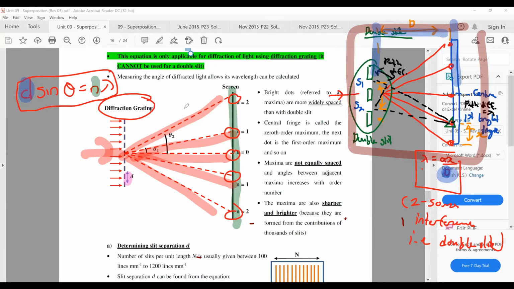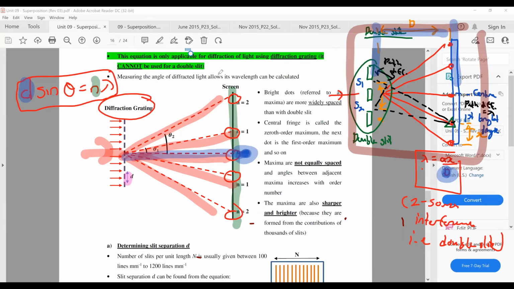Usually for diffraction grating, when you form the interference pattern on the screen, the dots are labeled according to order. The center bright dot is normally called the zero order. It's labeled n equals 0.